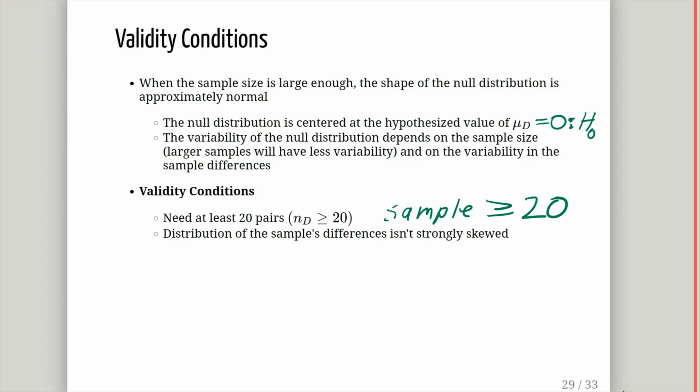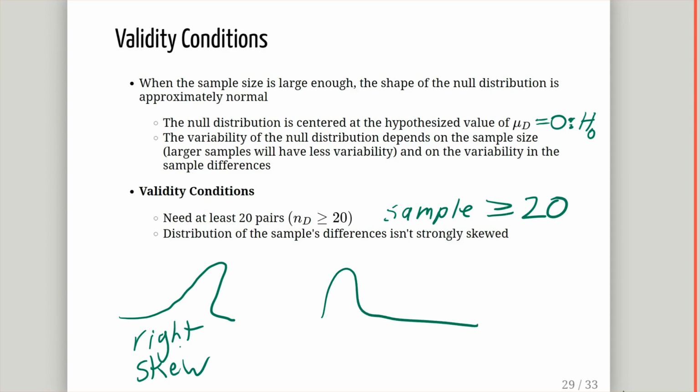Also, the distribution of the sample's differences can't be strongly skewed. You don't want a distribution that looks like this. That's a right skew. Or we don't want a distribution that's like this, which is a left skew. We don't want pretty much everything on the left side for a left skew, pretty much everything in the hump on the right side for a right skew.